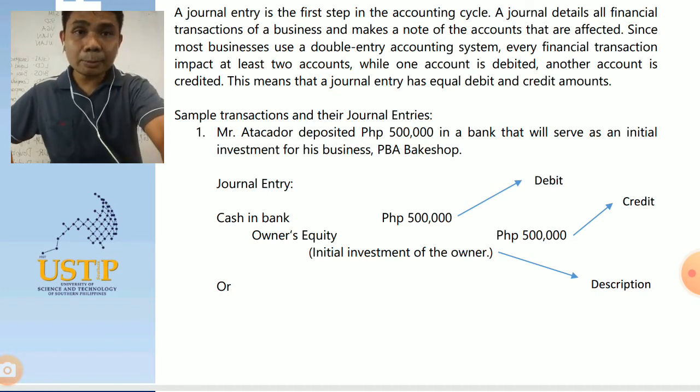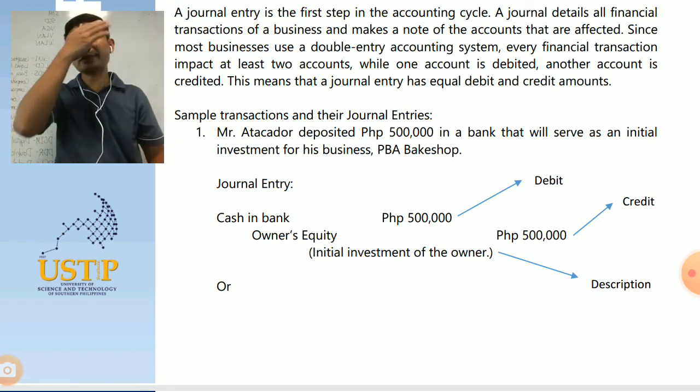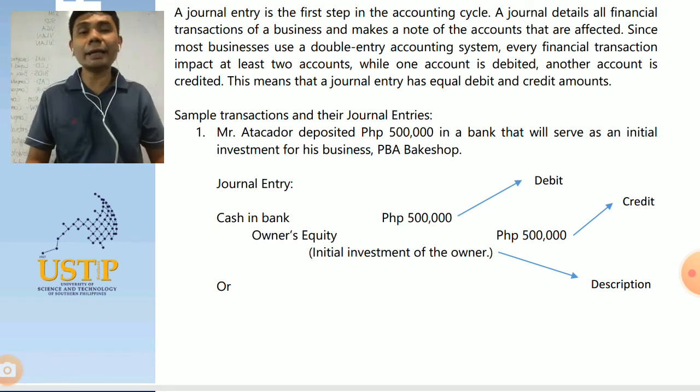And it is specified that it was deposited in the bank, so that is cash in bank, increased by 500,000. That is why we debit cash in bank, because the normal balance of an asset like cash in bank is on the debit side. So to increase cash in bank is to debit cash in bank.